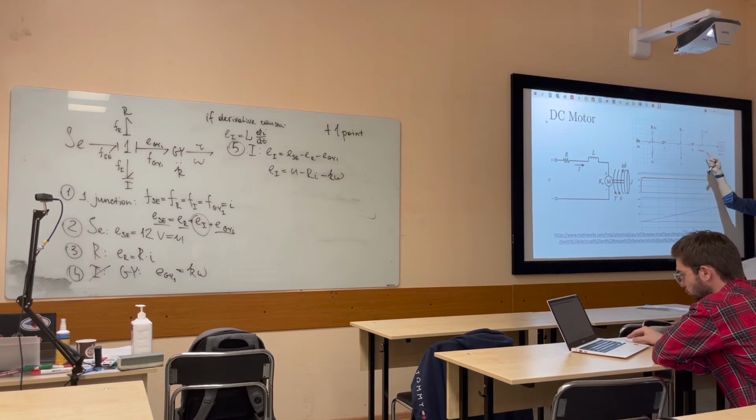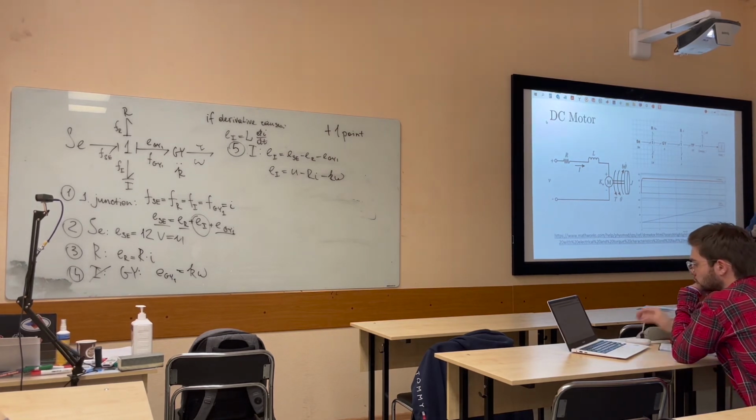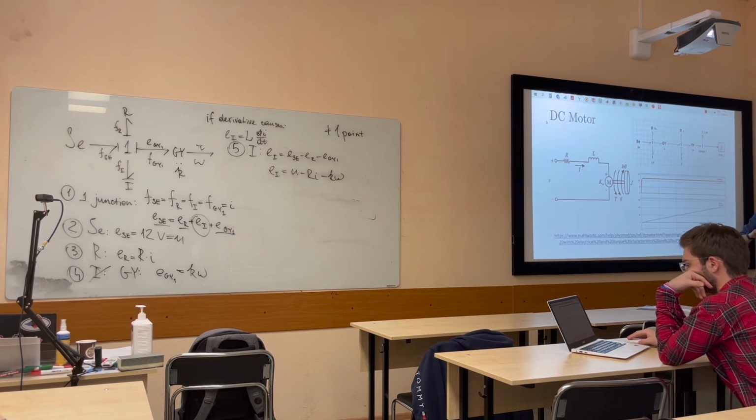It's like you want to compute the linear velocity, not on the shaft, but on the final point of your link. So this one is the DC motor, and this is a link AB, which is attached to the DC motor.